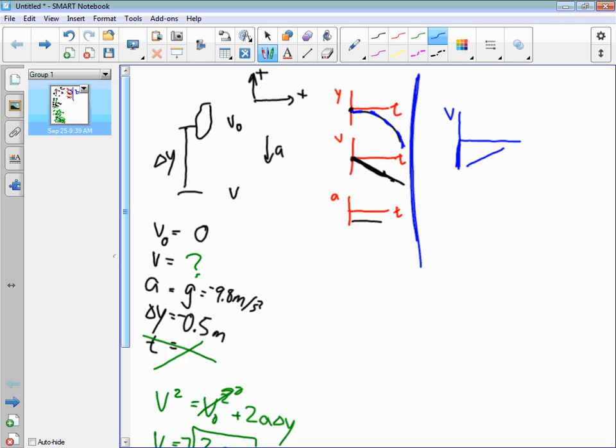Then the question is, we've got a negative velocity, and what is happening to the absolute value of the velocity? It is decreasing. So that means I'm slowing down. Does that cover your question?